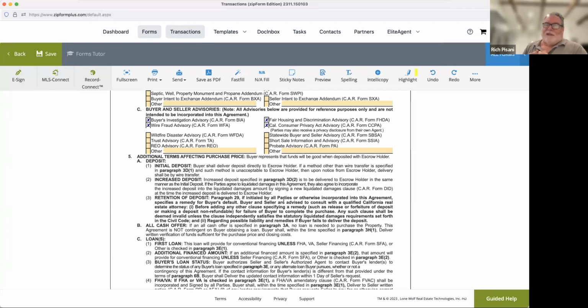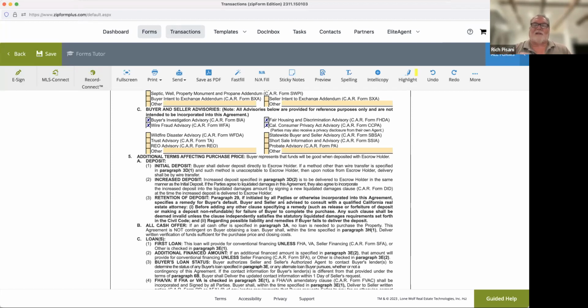So if initialed by all parties, incorporated in this agreement specifies a remedy for buyer's default. Remember, buyer's default. That means if the buyer has removed all contingencies and they don't close escrow, they are in default.